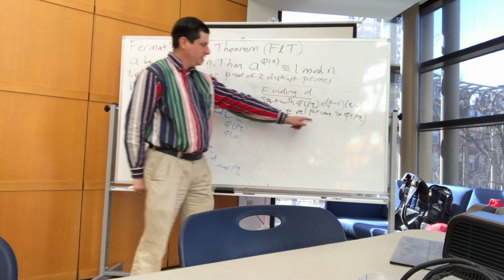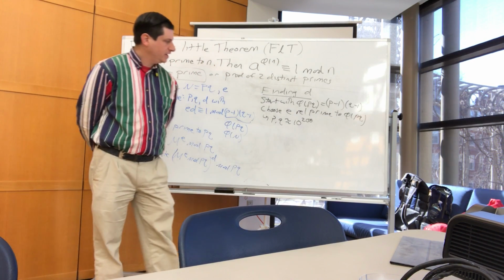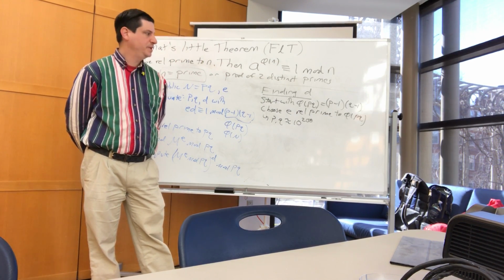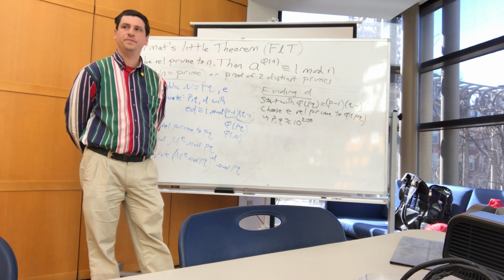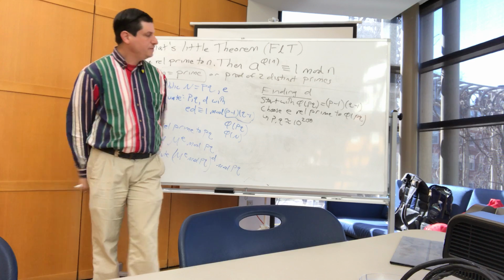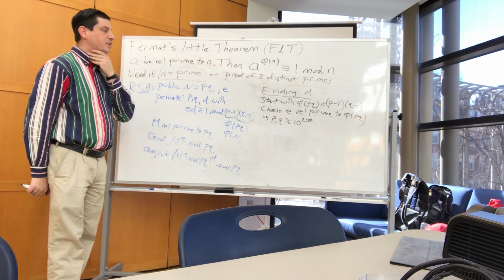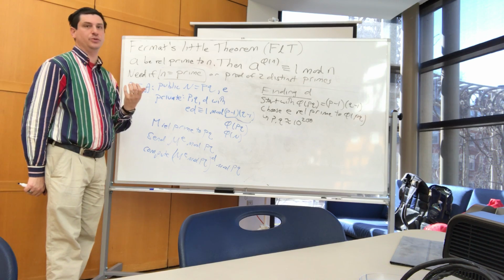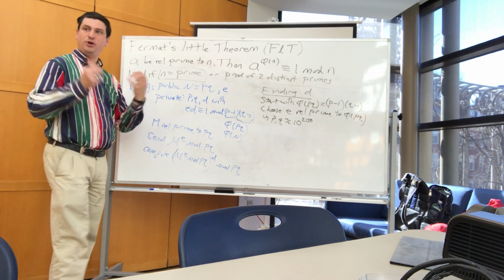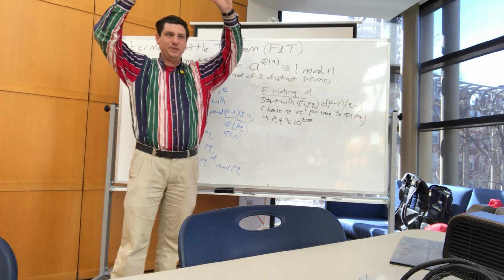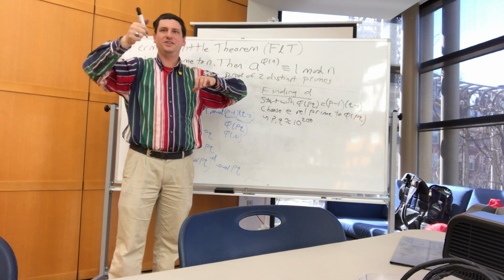How many numbers have a common factor with PQ? Well, we're looking at the numbers from 1 to PQ. So how many numbers are relatively prime to PQ? That will give us our probability of success: the number of numbers relatively prime to PQ divided by PQ.